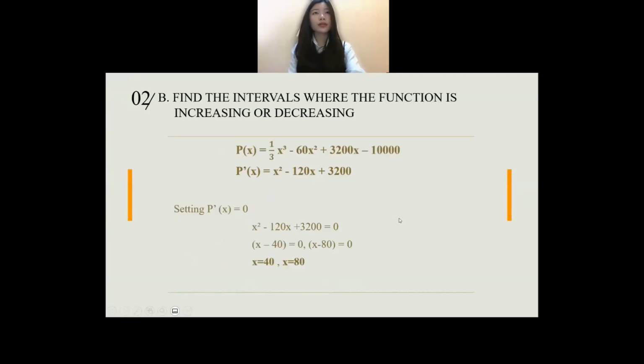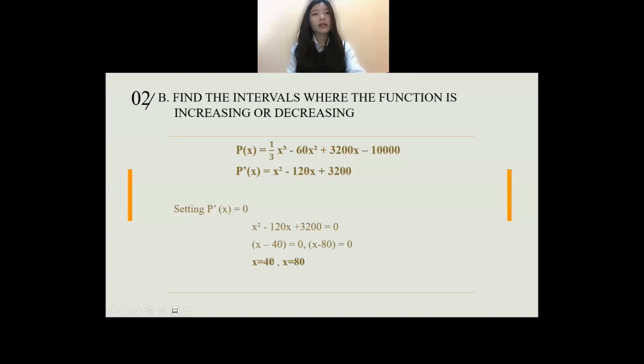Next, question 2b. Find the intervals where the function is increasing or decreasing. We use the P prime x function, x squared minus 120x plus 3200, and set it equal to 0.